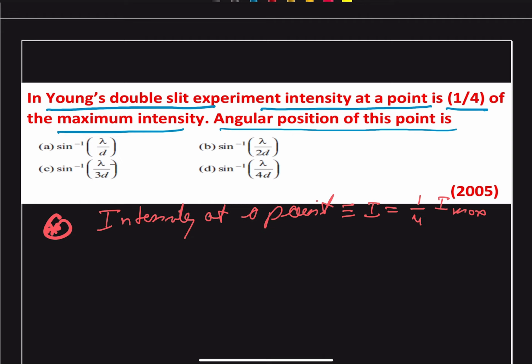And we need to find out the angular position. And for the angular position, we are going to find out first of all the phase difference.